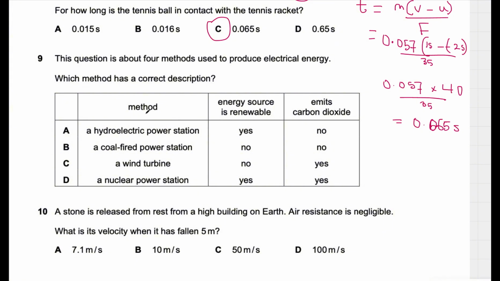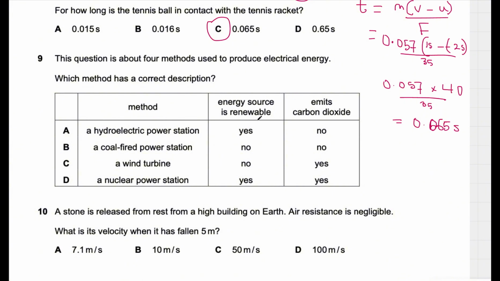The energy source is renewable and emits carbon dioxide. Hydroelectric power: we build it down in the water and use the force of the moving water to turn the blades of a turbine. Is the energy source renewable?